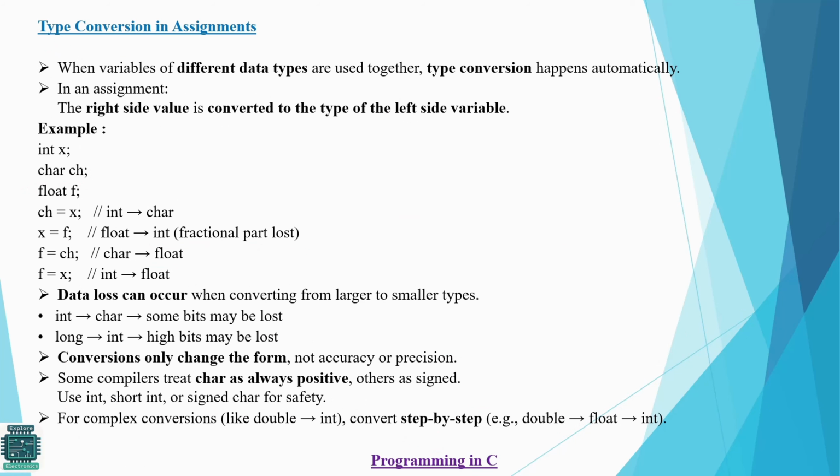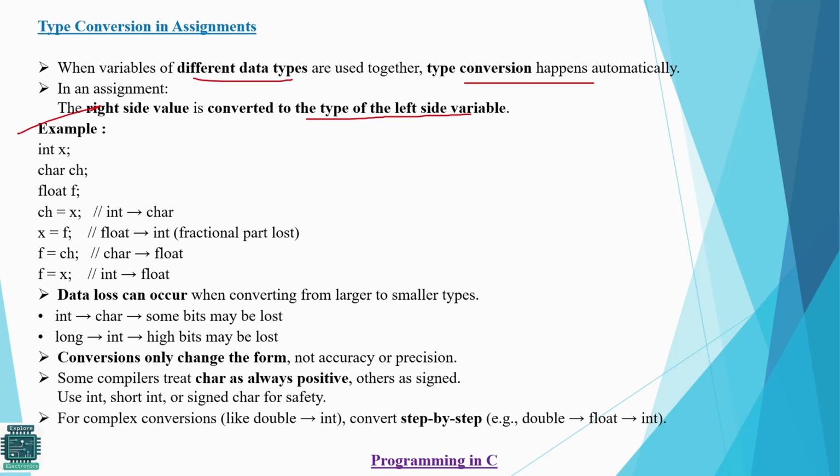Now, type conversion in assignment. We have learned about assignment operators, but how is the assignment operator used for conversion? When variables of different data types are used together, type conversion happens automatically. In the assignment, the right side value is converted to the type of the left side variable. Now let us see with an example.